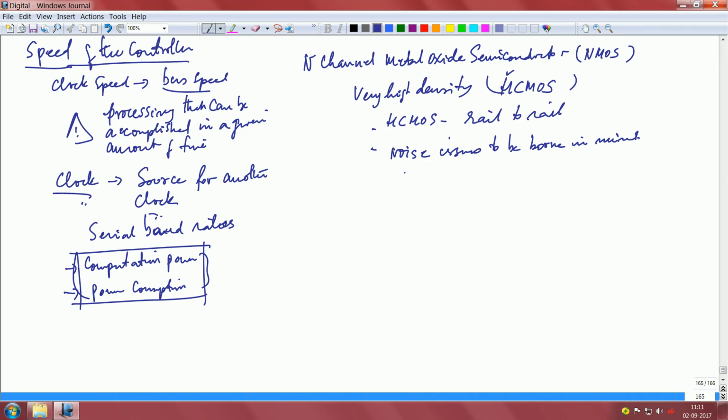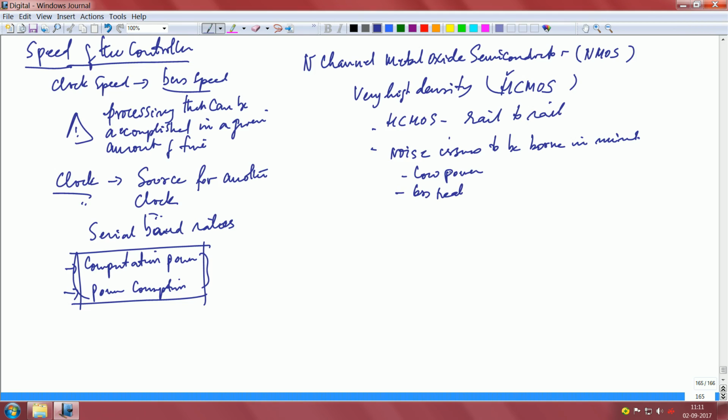So, they are less power hungry, because of their basic construction of being high density CMOS semiconductor itself, by nature it is less power. So, then you have less heat generation, correct.